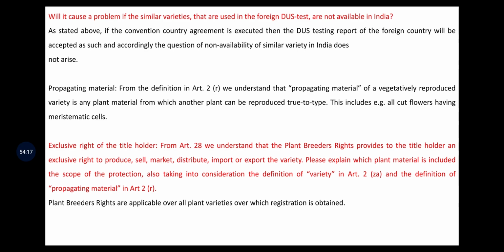The plant breeder has an exclusive right to sell, market, distribute, import and export the variety. The plant material is included in the scope of protection, also asking for consideration of the definition of variety in Article 2 and the definition of propagating material in Article 2(r). Breeders' rights are applicable over all plant varieties over which registration is obtained.